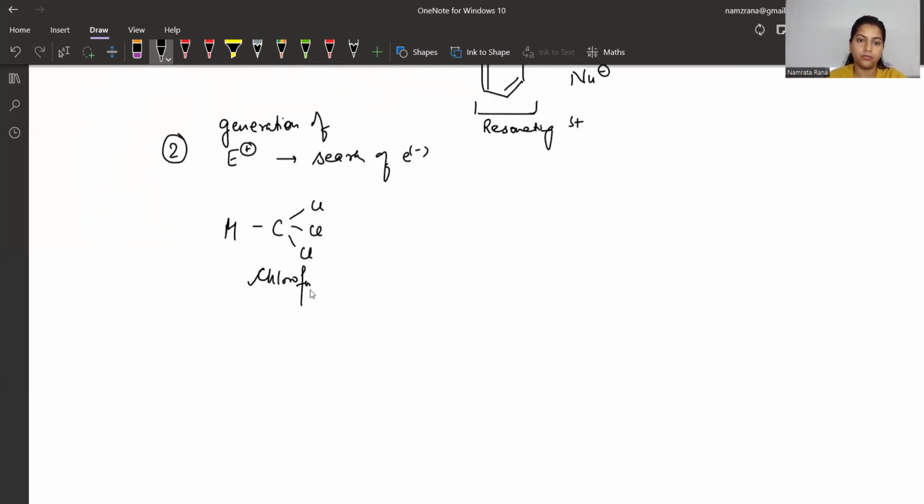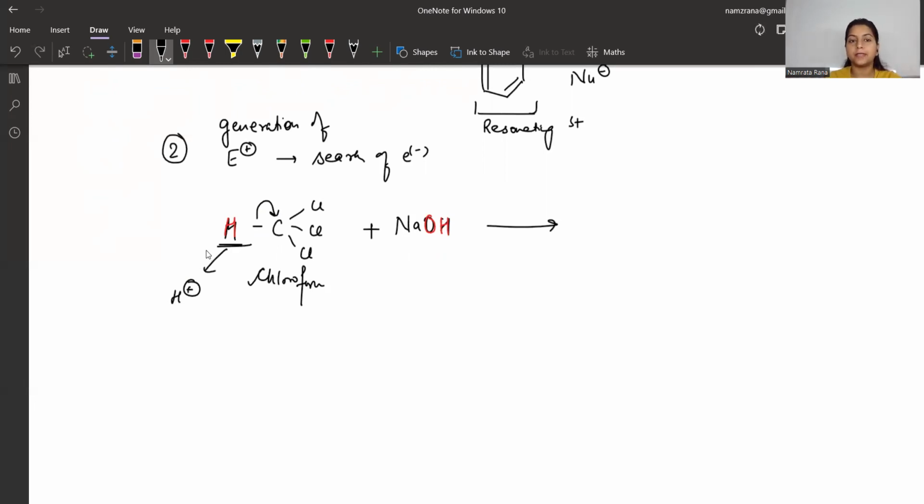Chloroform, in presence of NaOH, same reaction, acid-base reaction. What will happen is this H and this OH negative will form H2O, because this H will be replaced as H positive, right?